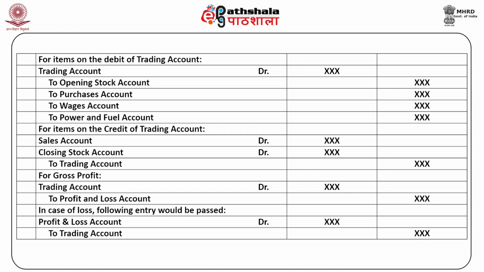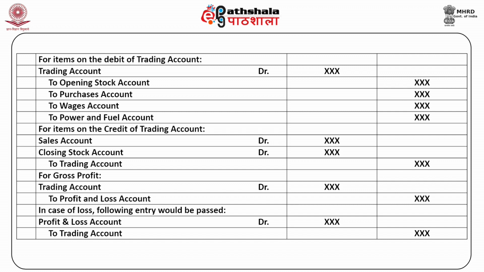For items on the debit of trading account, trading account debited to the credit of opening stock account, to credit of purchase account, to credit of wages account, to credit of power and fuel account.